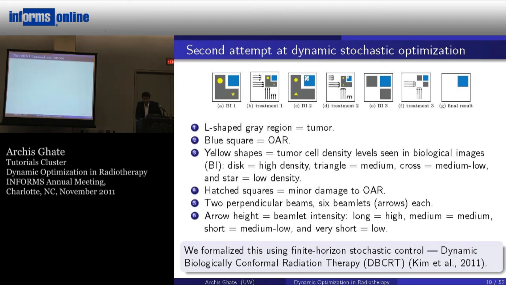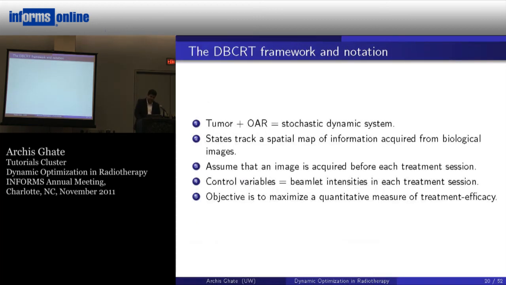Now I'm going to start building models. In the next roughly 35 to 40 minutes, I'll show you some stochastic control formulations and some simple heuristic ways to solve those problems. The basic framework, as I said, is tumor plus OAR, and I'm going to view that as a stochastic dynamic system.